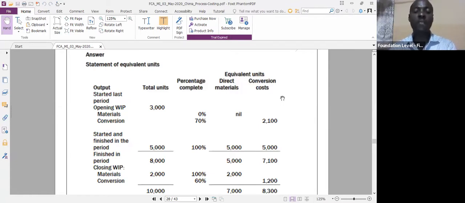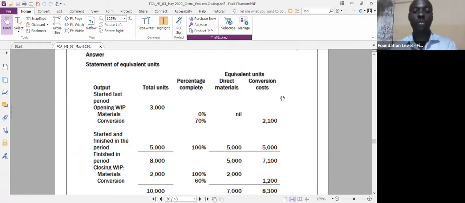Now, the labor and conversion, I'll call it, is 60% complete. So there will be a need for us to apportion, multiply it by 2,000 to get 1,200, which will give you the equivalent cost of that finished item.